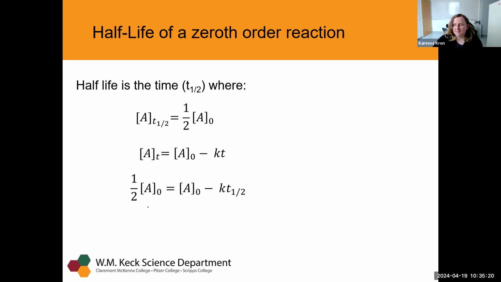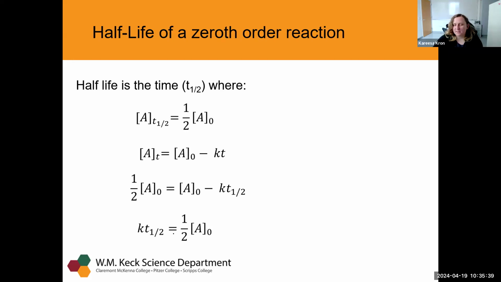So I can subtract k t and then subtract half of the initial concentration, and I get k times the half-life is equal to 1/2 times the initial concentration.